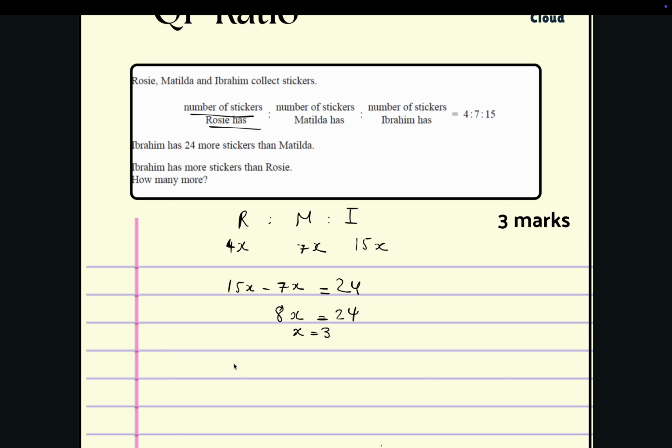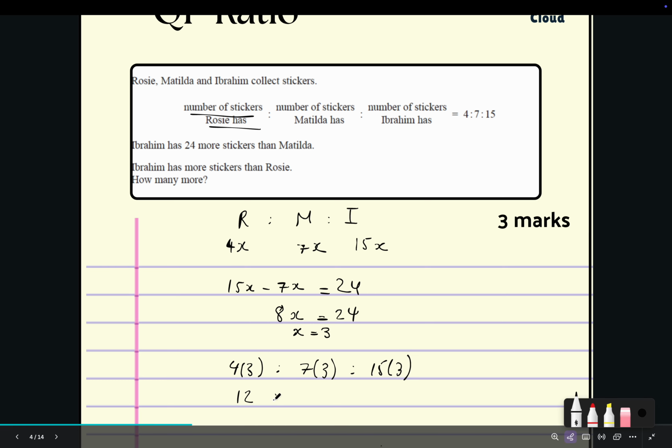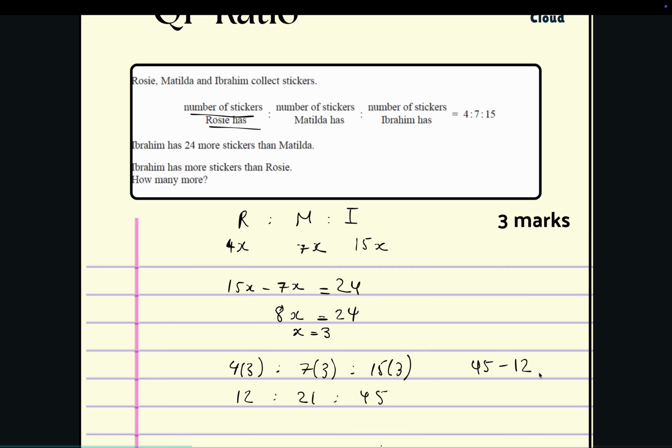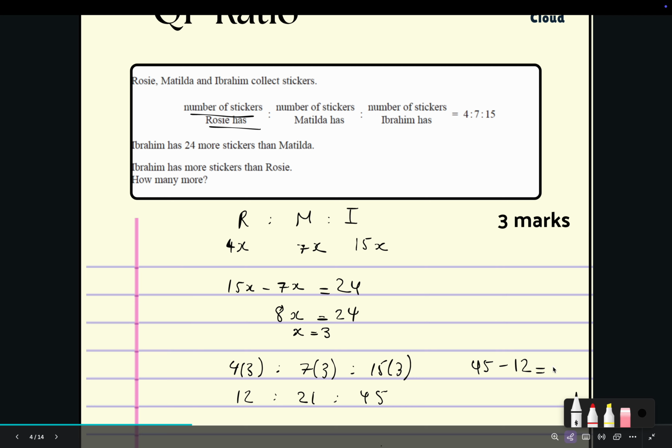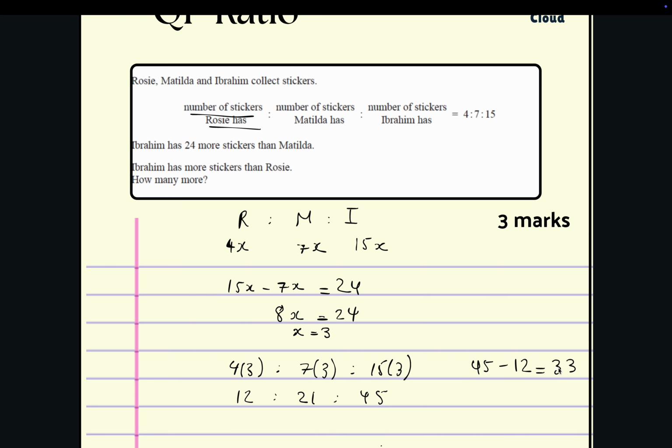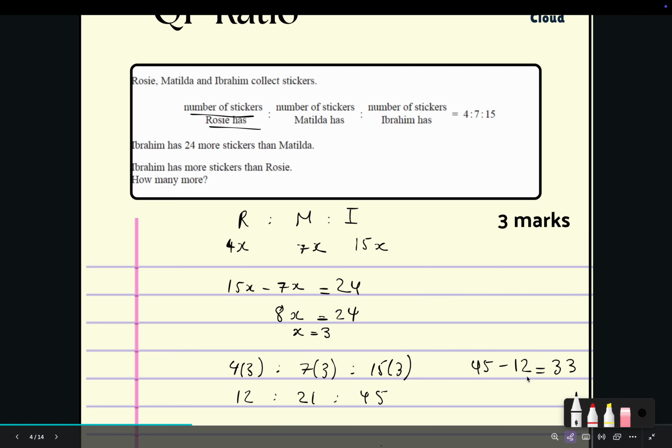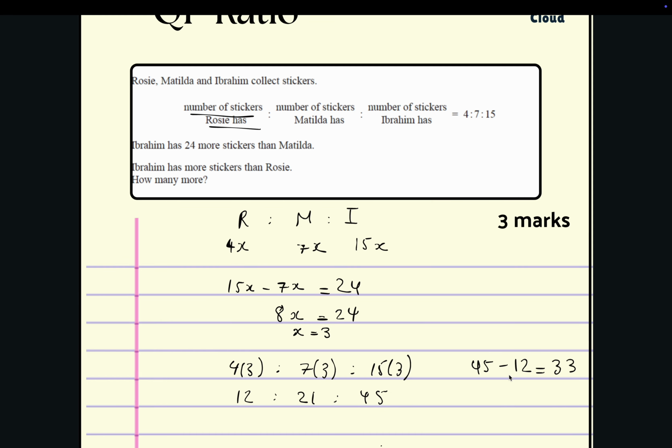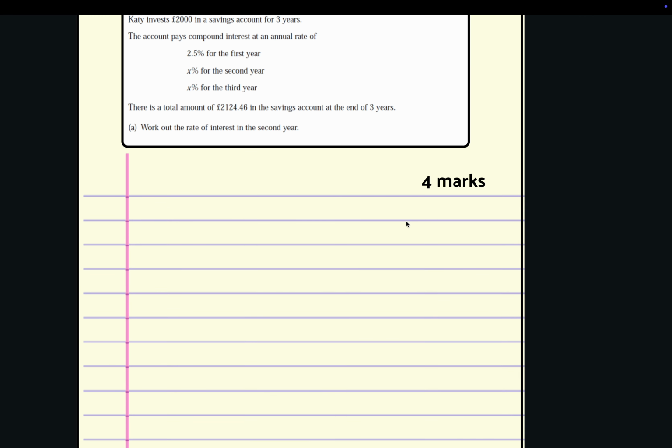Rosie has 4 times 3, Matilda has 7 times 3, Ibrahim has 15 times 3. So that's 12 to 21 to 45. Ibrahim has 45 stickers while Rosie has 12, so we do 45 take away 12, and that gives us 33. So Ibrahim has 33 more stickers than Rosie. That's my answer. Now question 2.